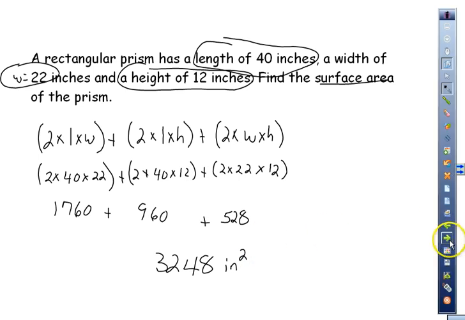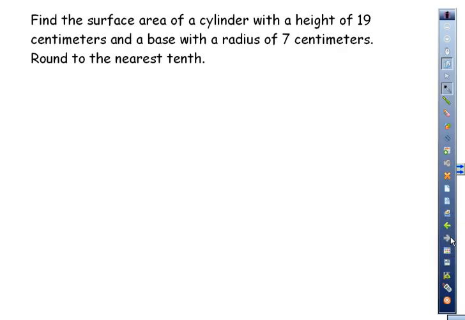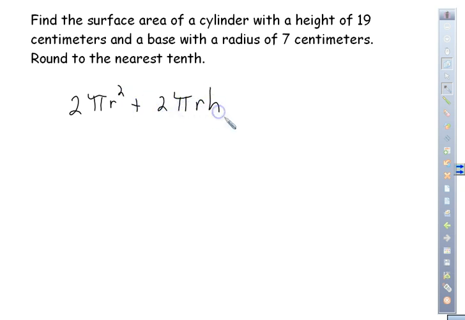Okay, let's look at the next one. Again, finding the surface area of a cylinder. Go ahead and hit pause, and then you can solve this. I'll let you do that, so go ahead and do so. So you have 2 pi r squared plus 2 pi r h.